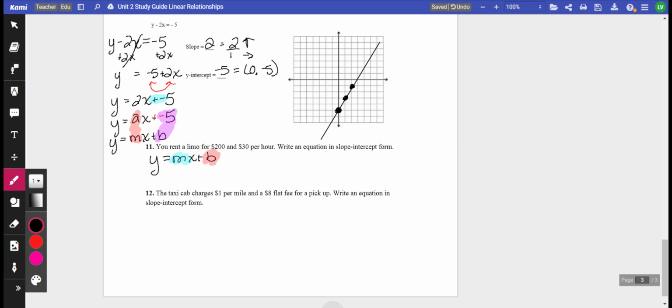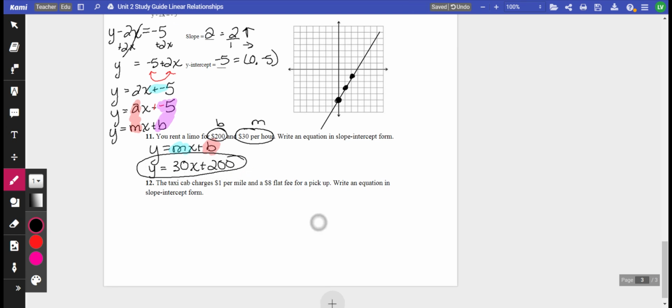And then our b value is just the amount you're going to pay no matter what. So for number 11, it says you rent a limo for $200. This $200 you have to pay no matter what, even if you only have the limo for 10 minutes. You got to pay $200. So that's going to be our b value. Then it's $30 per hour. So that's going to be our m value. So this equation becomes y equals 30x plus 200.